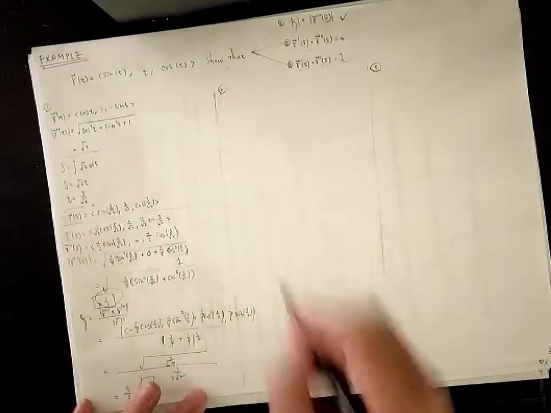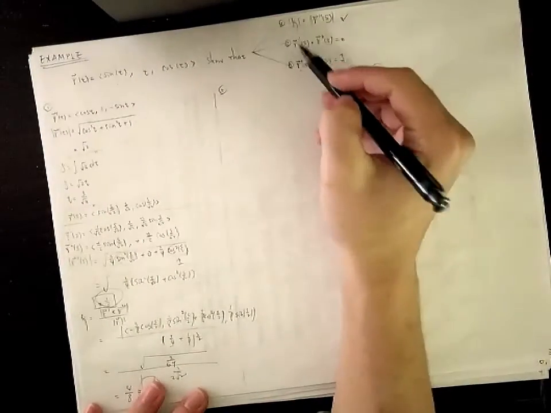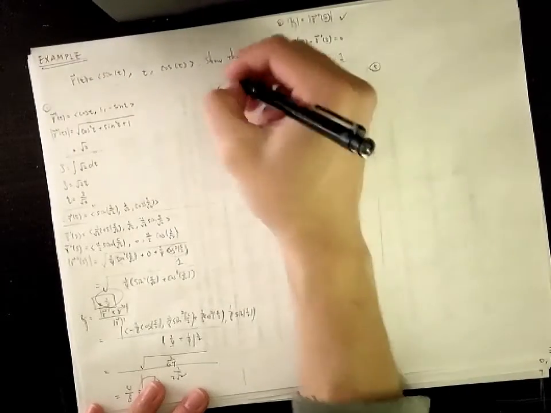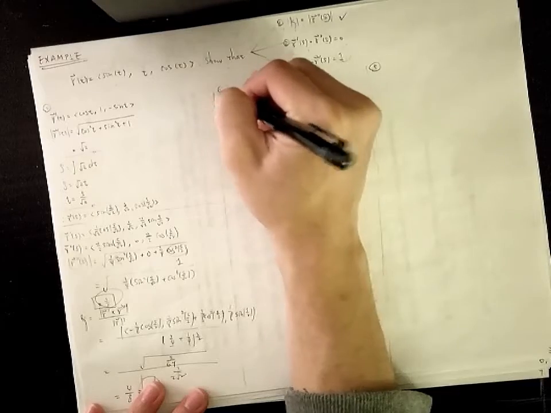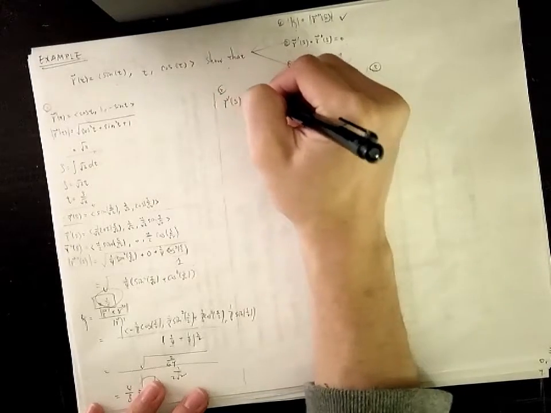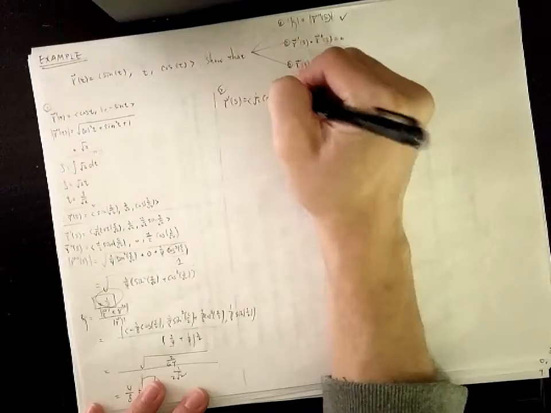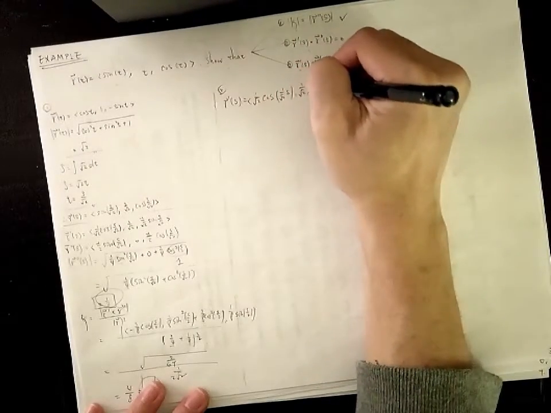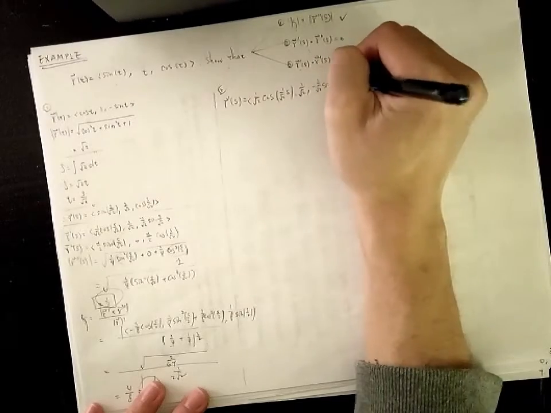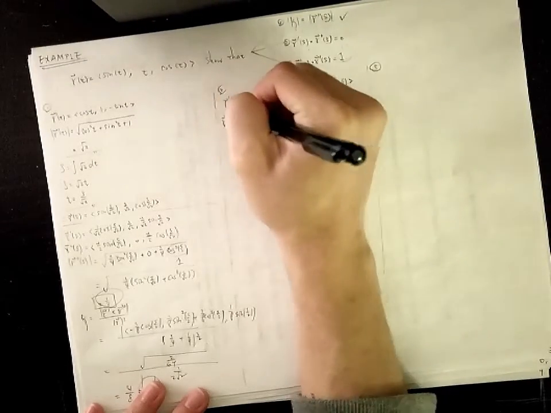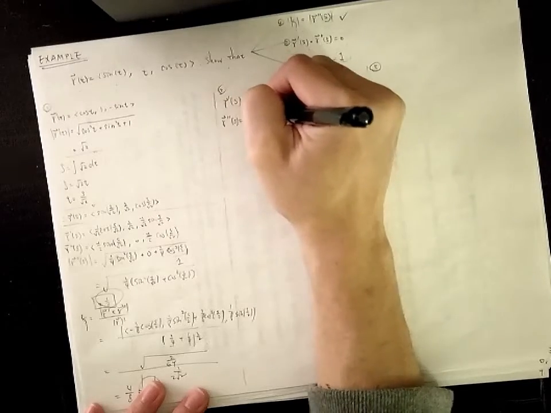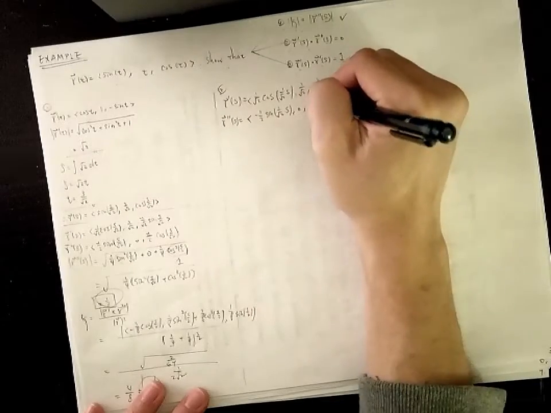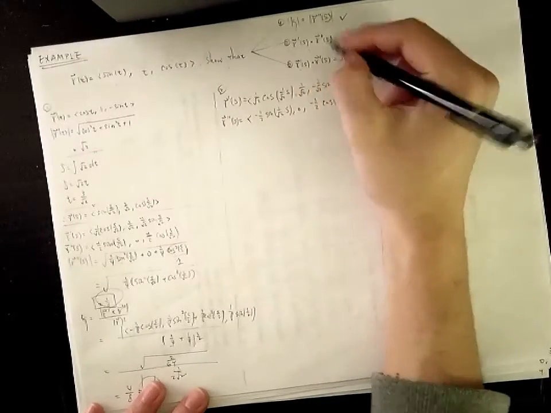So for the second one, r prime s dot r double prime s equals 0. We already know that r prime s is going to be 1 over root 2 cosine 1 over root 2 s, 1 over root 2, negative 1 over root 2 sine 1 over root 2 s. And r double prime would be negative 1/2 sine 1 over root 2 s, 0, negative 1/2 cosine 1 over root 2 s.